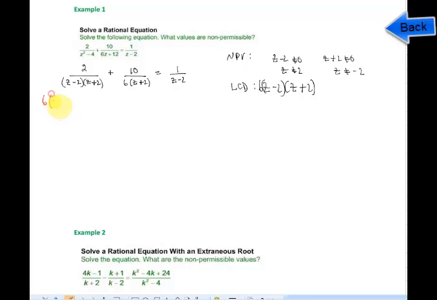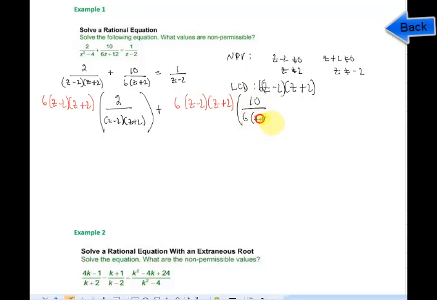Okay, so we're going to go 6 times z minus 2 times z plus 2 times 2 over z minus 2 times z plus 2, plus our LCD again, so 6 times z minus 2 times z plus 2 times 10 over 6 times z plus 2, and that's equal to our LCD again, so 6 times z minus 2 times z plus 2 times 1 over z minus 2.